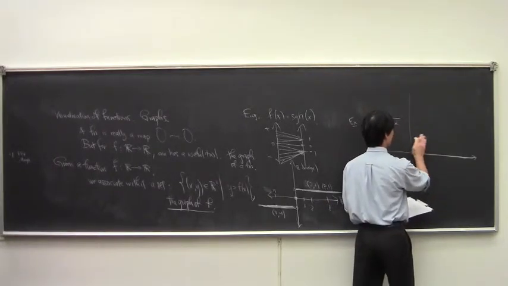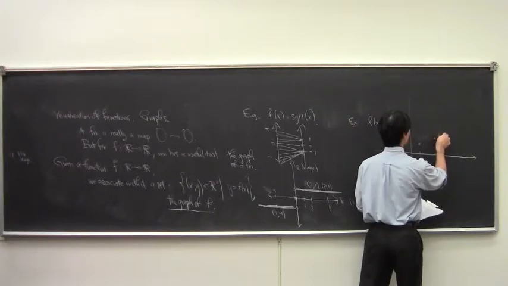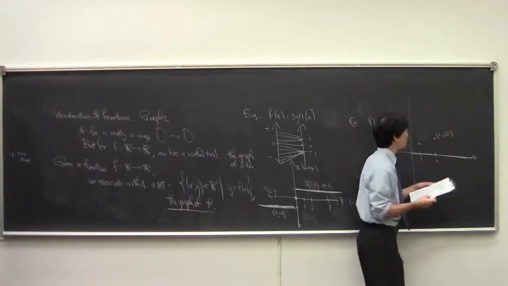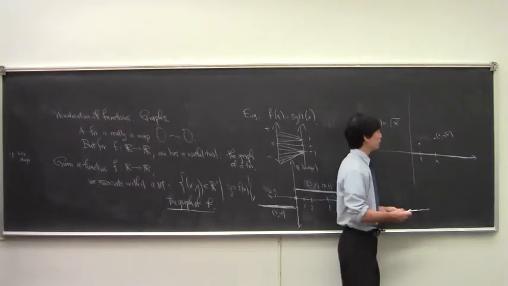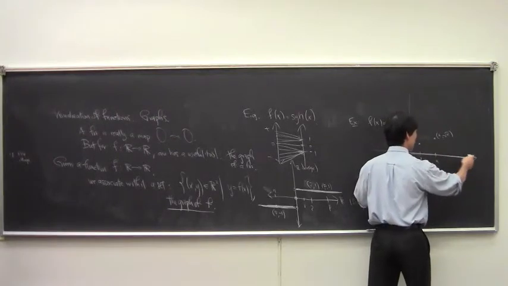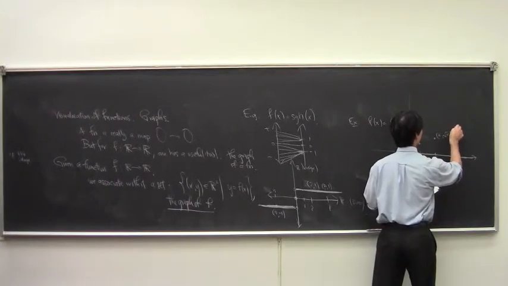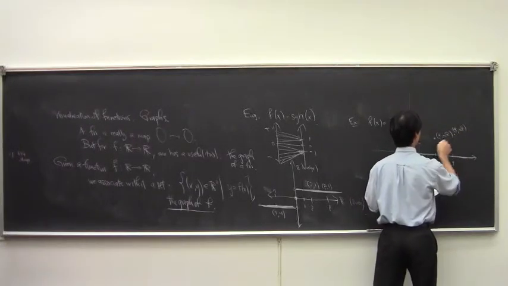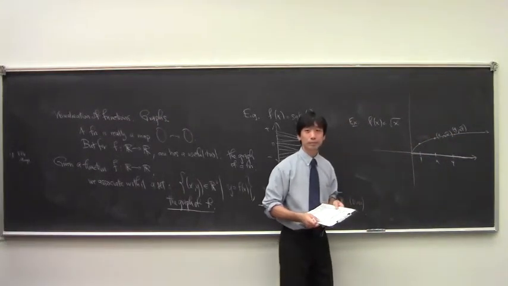At each point x, I'm going to include the point x comma square root of x. If this is 4, then this is going to be 4 comma square root of 4. And you get this thing in the graph.